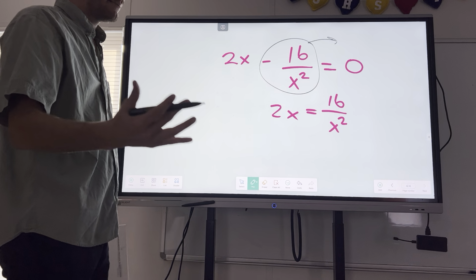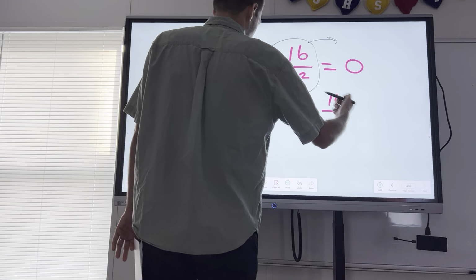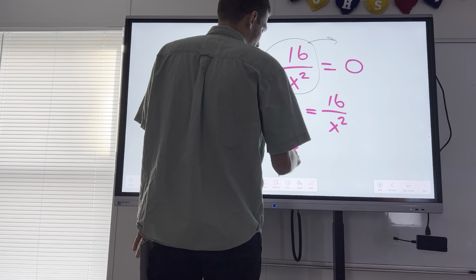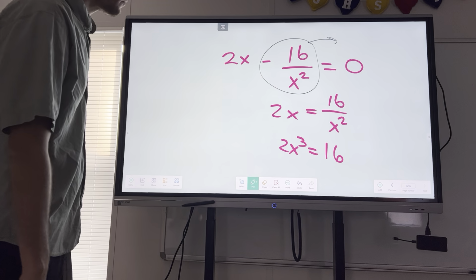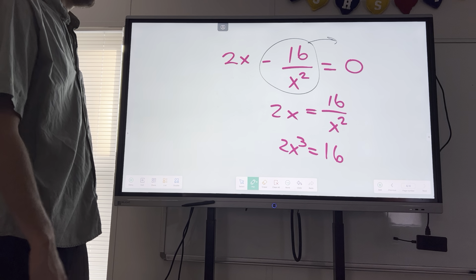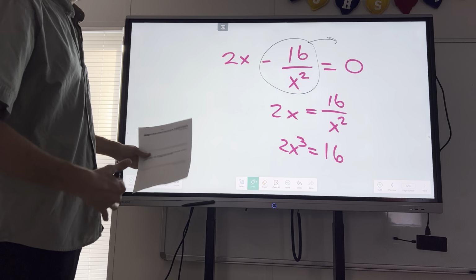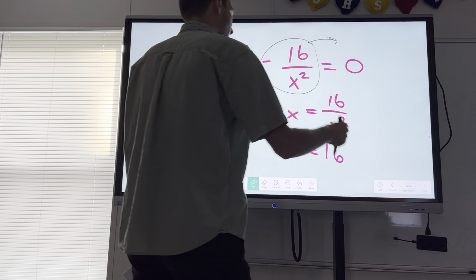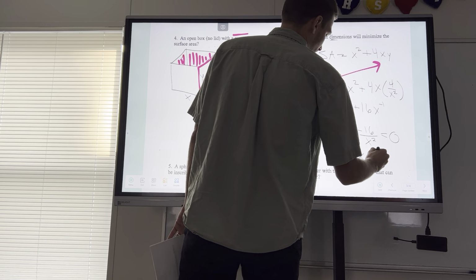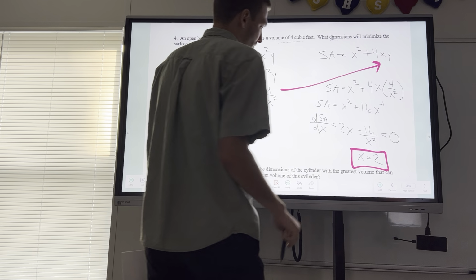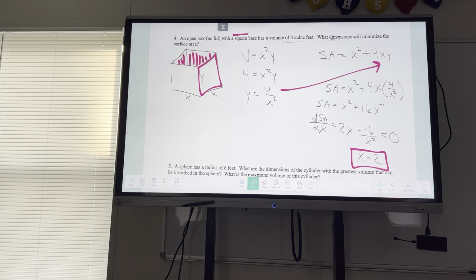I'm going to multiply both sides by x squared. 2x cubed equals 16. I'm going to divide both sides by 2 and get 8. I'm going to take the cube root of 8, and the cube root of 8 is 2. X equals 2.